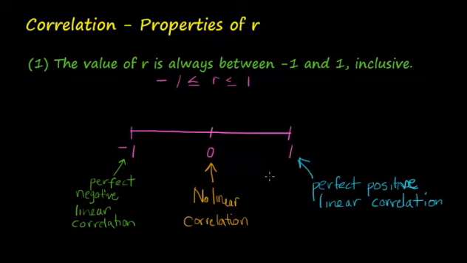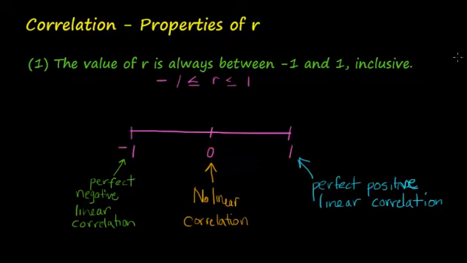So we'll be running tests and getting test statistics, an r value that's somewhere on this scale, and we'll be determining whether or not it's close enough to 1 or -1 to indicate a linear correlation, or if it's not. And we'll actually have critical values and critical regions and our test statistic, and we'll compare those and make decisions about those just like we did with our hypothesis testing. It's just another form of hypothesis testing.